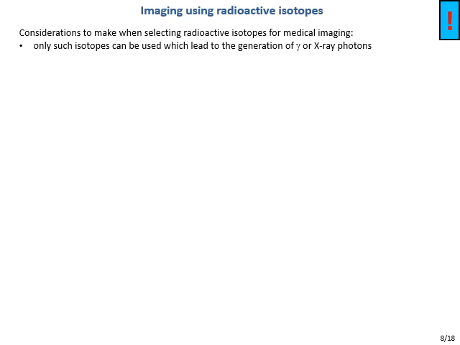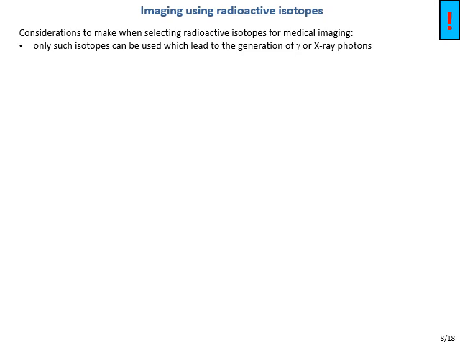In the next part of the lecture, we are going to talk about the application of radioactive isotopes for medical imaging. And in the first slide, I would like to talk about what kind of considerations you have to make when you want to select a certain isotope for medical imaging.